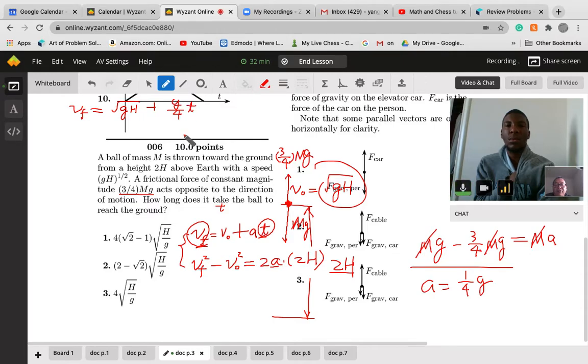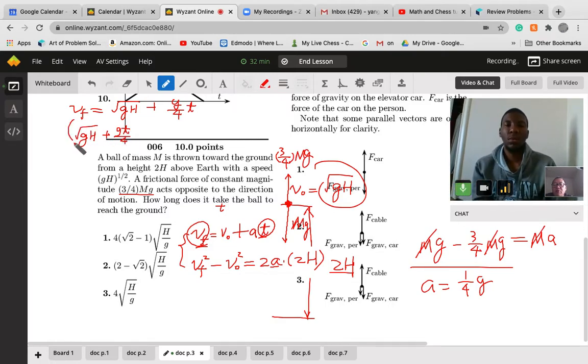This vf equals this. Then you plug that one to here, right? So then you got this one will be square root of gh plus g times t over 4.